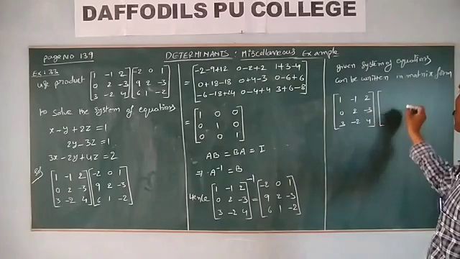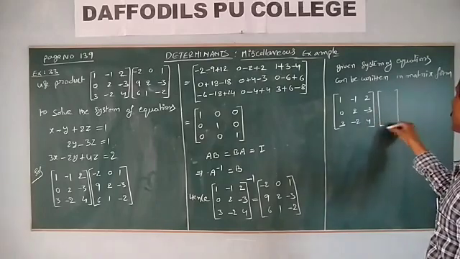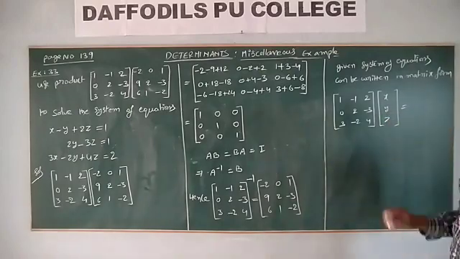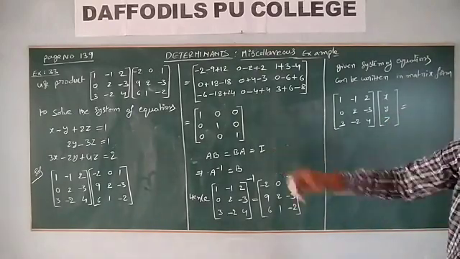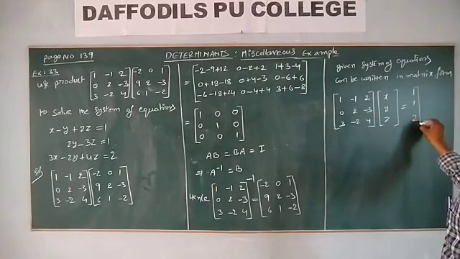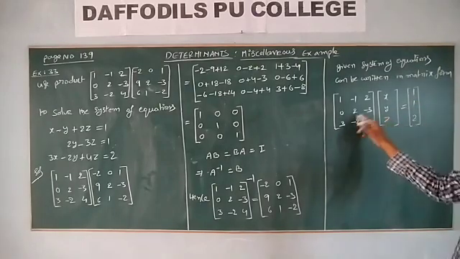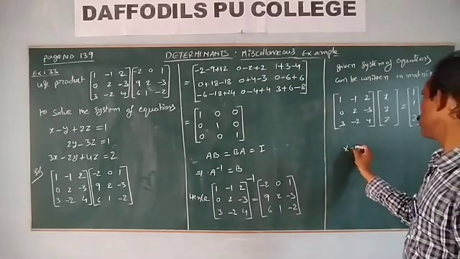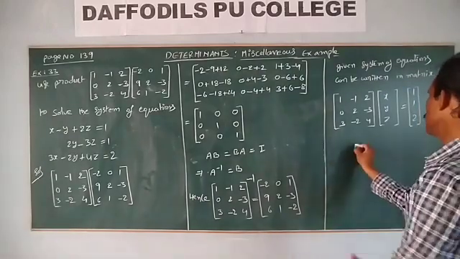AX is equal to B, where X is [x y z] and B is [1 1 2]. AX is equal to B. Then X is equal to what?